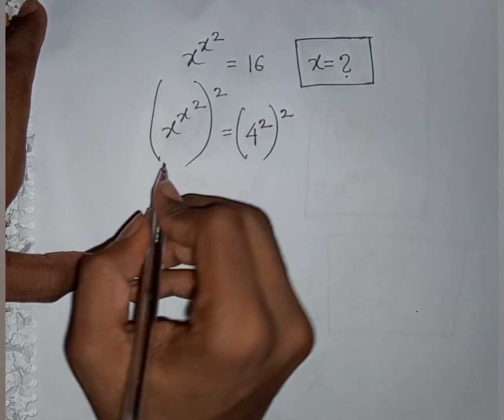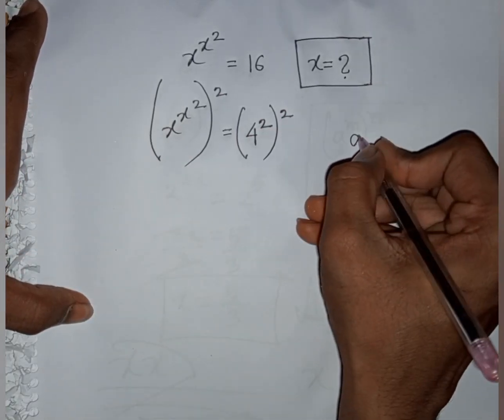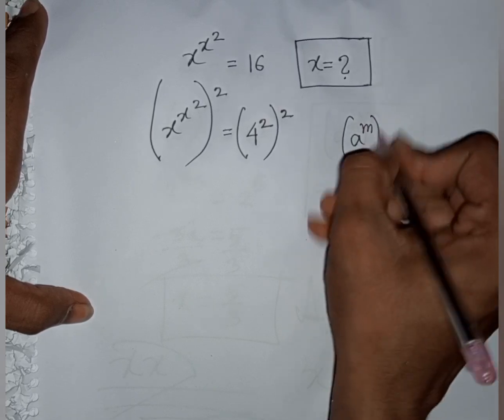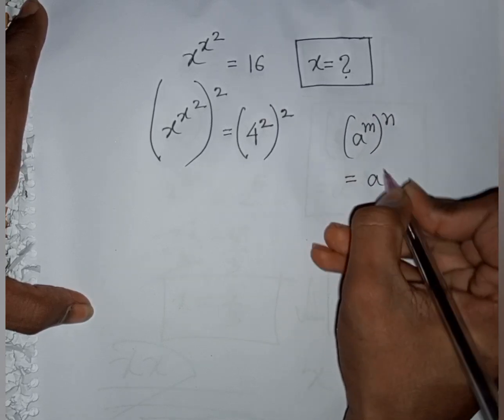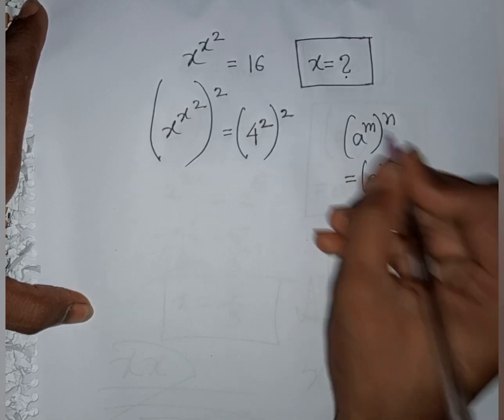Now here you can apply this exponential rule that a power m bracket power n is equal to a power n bracket power m.